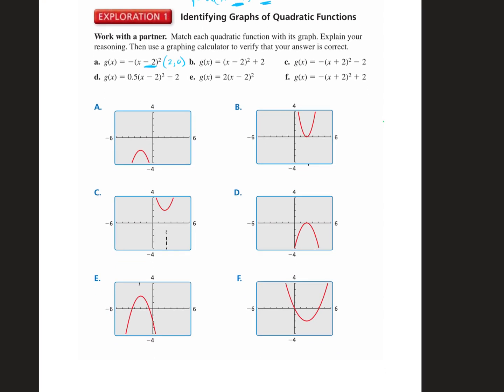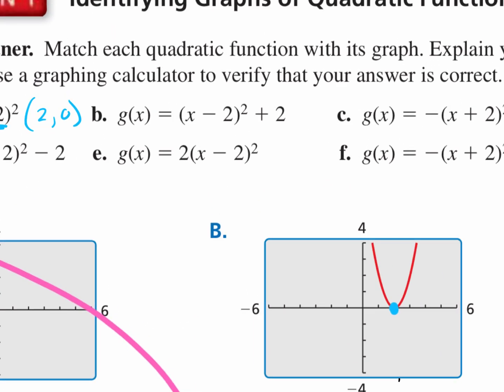The only two possible options would be B and D, but one of them opens up and the other one opens down. So then I want to see, what's my a? Is a positive? Is a negative? a would be negative, so that tells us it opens down. So my option is D. A and D go together.